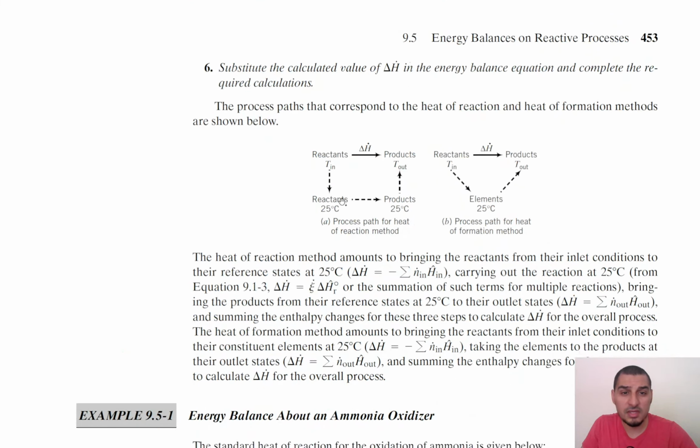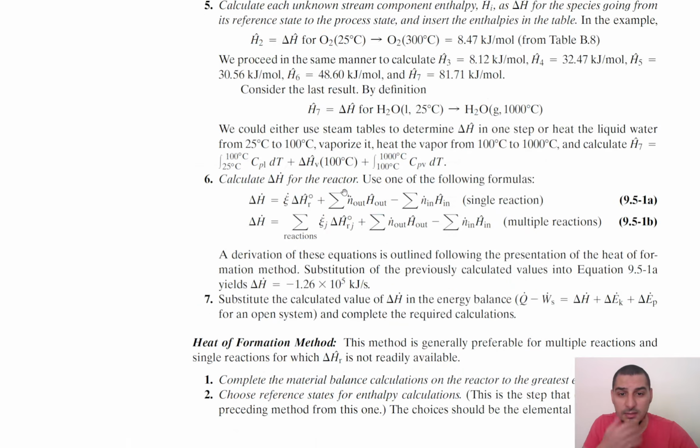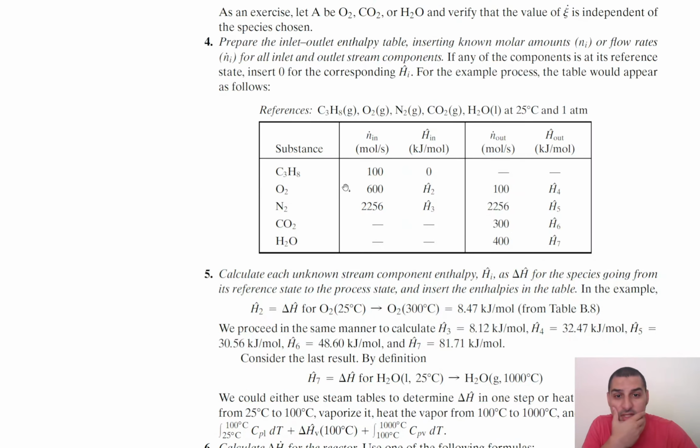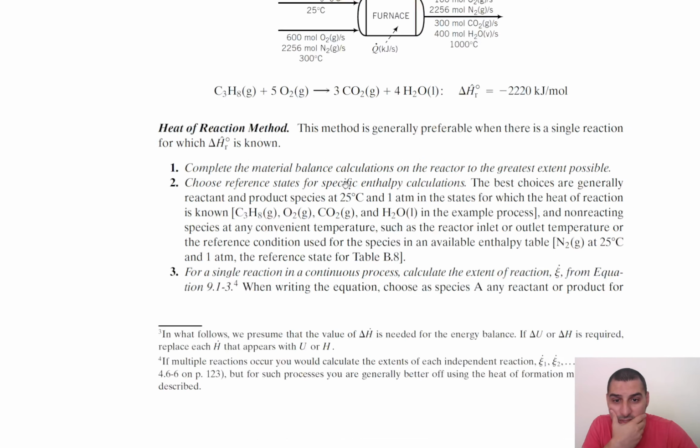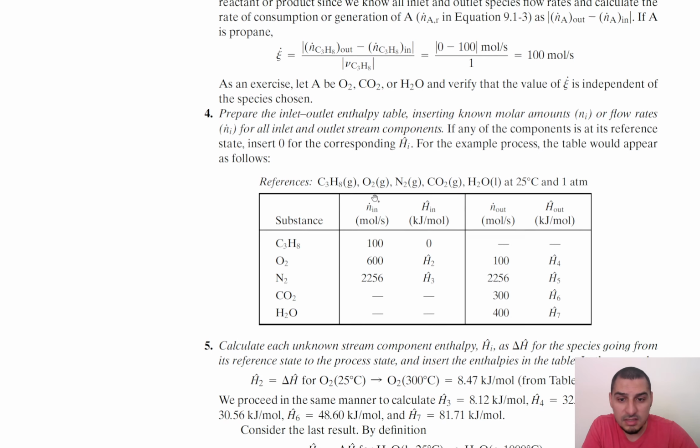In the textbook, the way they are doing the calculations is that they are calculating, and let me go back here, I want to find the exact sentence. So this is the reference state, and this is the inlet outlet.